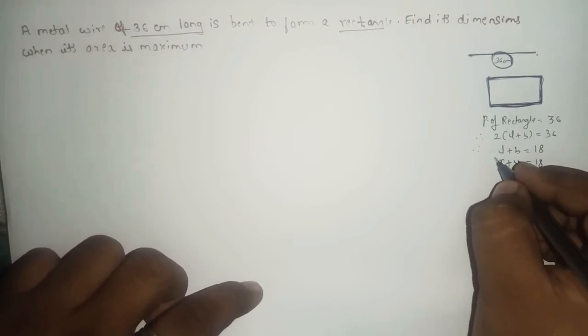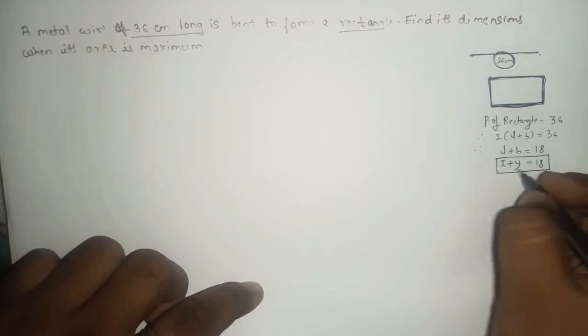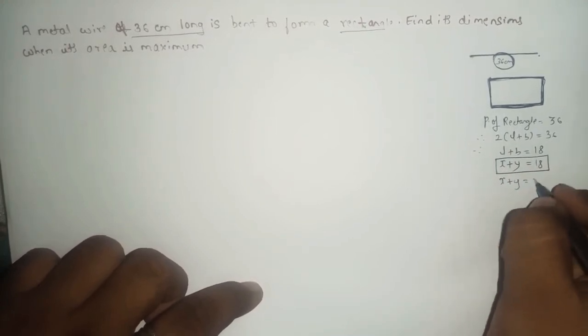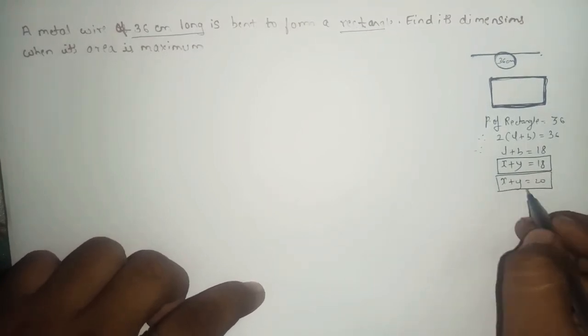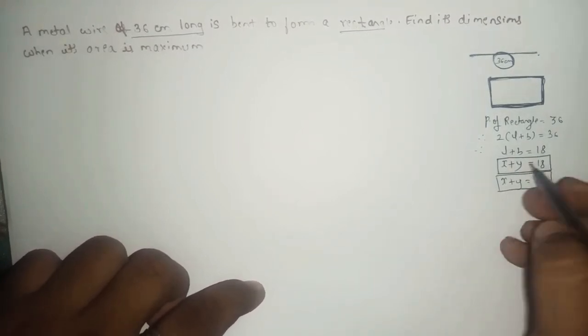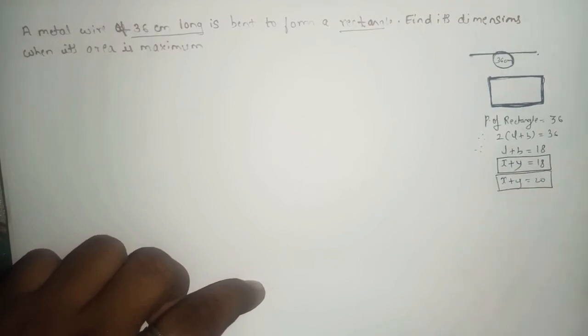So can I say it actually gets converted into the previous sum, like x plus y equals 18? Yes or no? In the previous sum also, for the first part we took x and for the second part we took y. So here also it is the same. For length we'll take x and for breadth we'll take y.